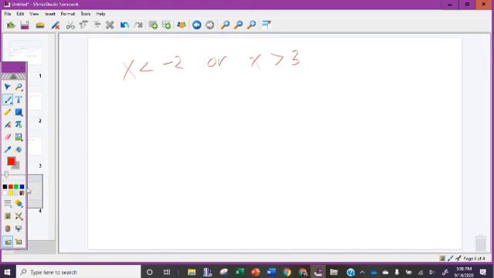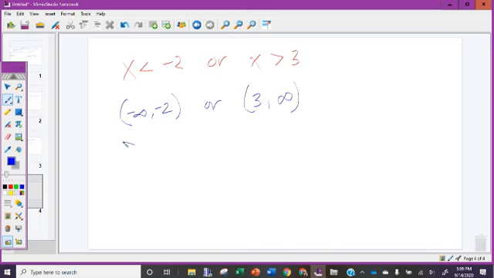This means I have two things happening. I have x heading to negative infinity and x heading to positive infinity, but they start at different points. So over here, I'm heading towards negative infinity, and here, I'm heading towards positive infinity.